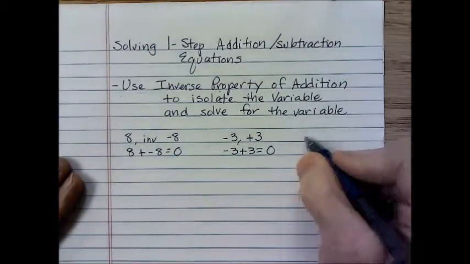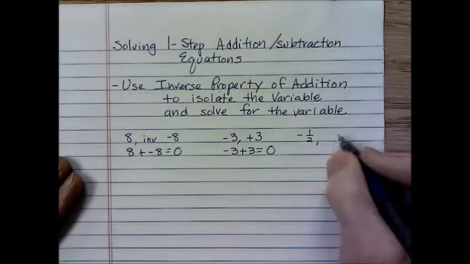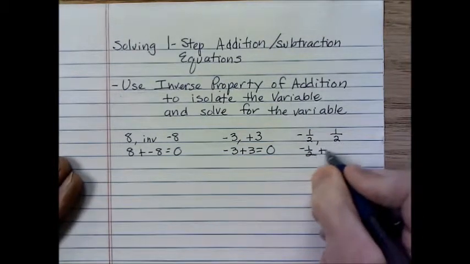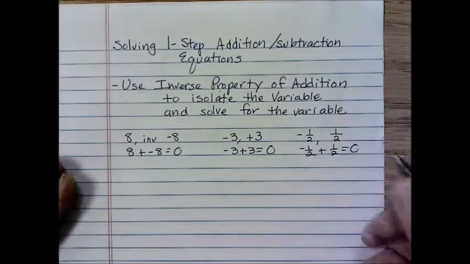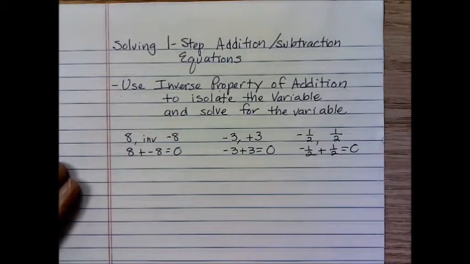If I had negative 1/2, the inverse of negative 1/2 would be positive 1/2, because negative 1/2 plus 1/2 equals 0. So we're going to use this property to isolate the variable and solve for that particular variable.